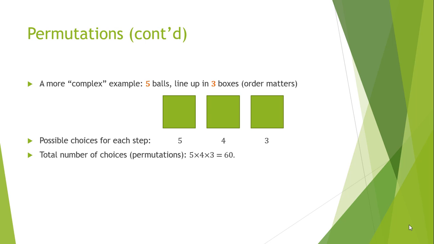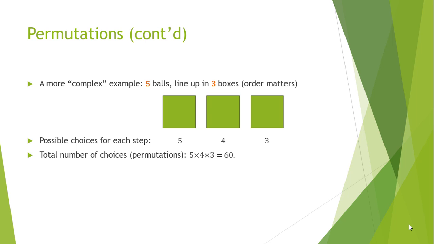Once the first box is done, we will have 4 balls left. So when we come to the second box, no matter what our choice for the first box is, we'll have 4 possible outcomes. And if the first 2 boxes are already chosen, we will have only 3 balls left. So for the third box, we will only have 3 possible choices.